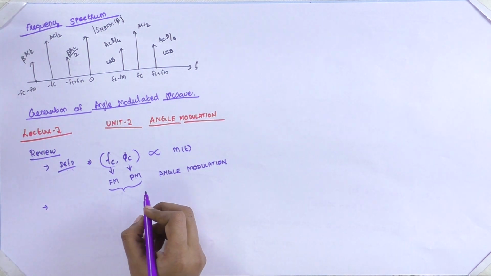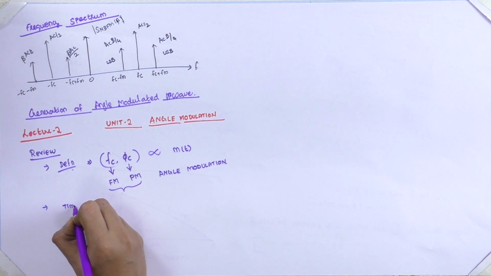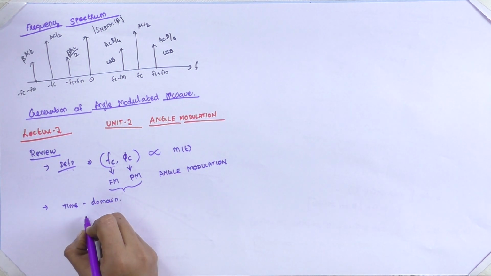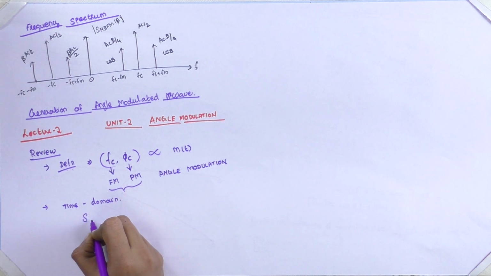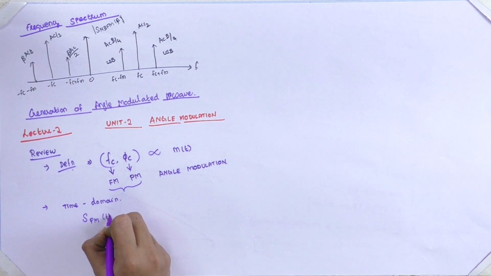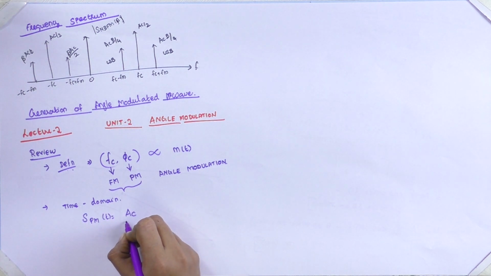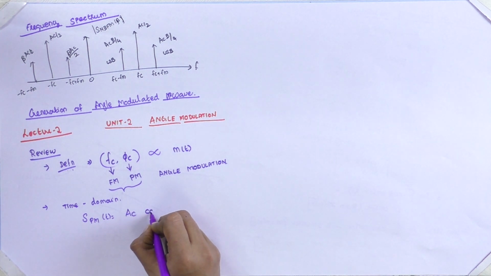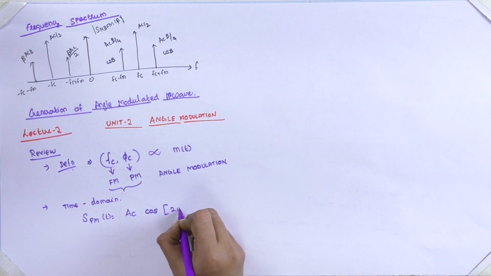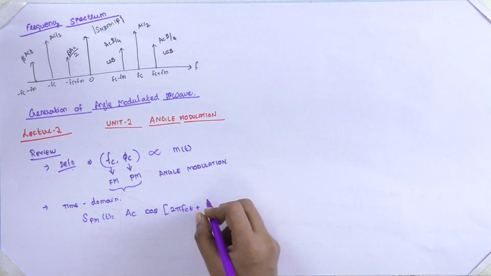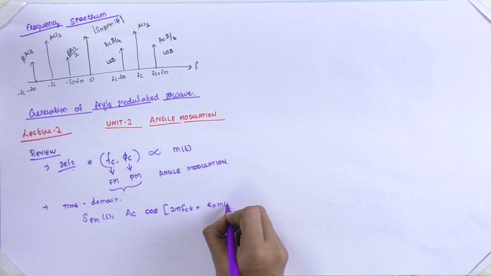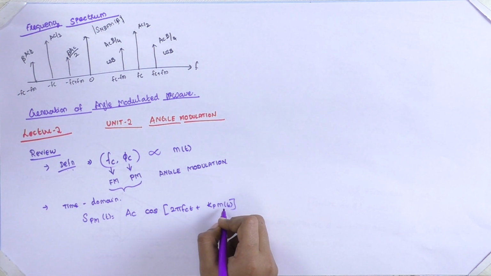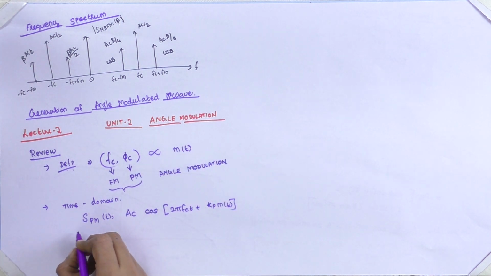After the definition, we have seen the time domain expression for frequency modulation as well as phase modulation. What is the time domain expression for phase modulation? S of t is equal to Ac cos of 2 pi fct plus kp m of t. Ac is always constant, that is, amplitude of the carrier is always constant. Kp is the proportionality constant, therefore phase is varied in accordance with the modulating signal.